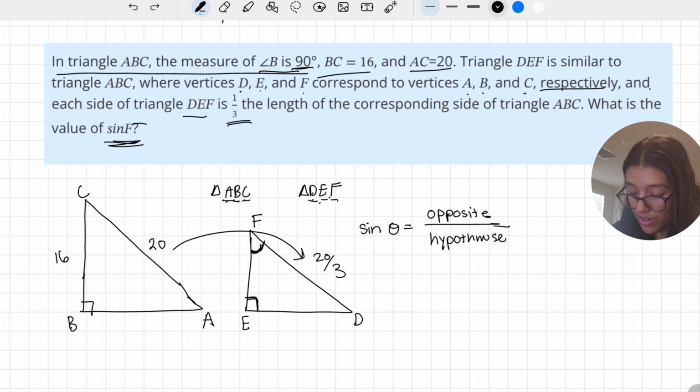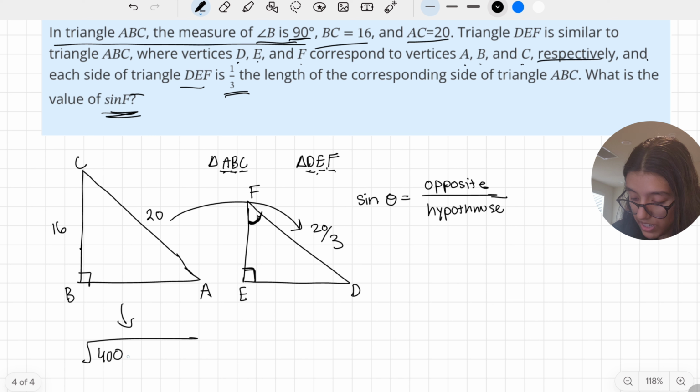So over here, we can do 20 squared, which is 400, minus 16 squared, which is 256. And currently, I'm finding side AB. And this is equal to the square root of 144, which is 12. So side AB is 12 units.